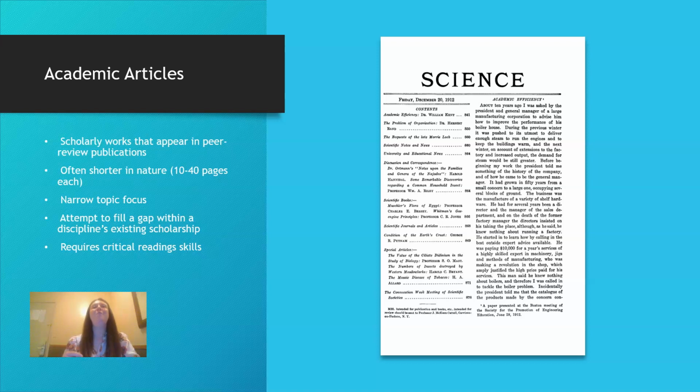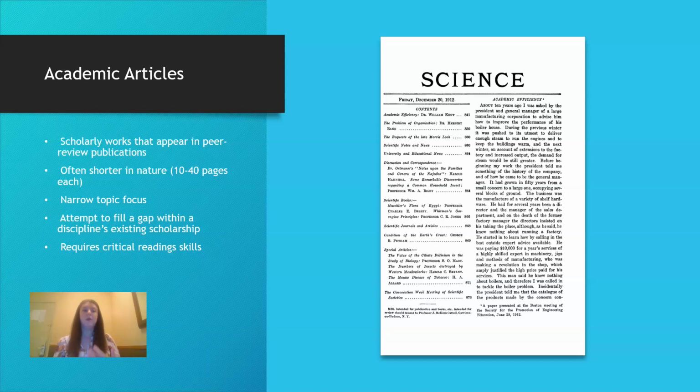Or if you're in a STEM-based field, maybe someone's saying, we haven't tried this methodology in our research. Perhaps we haven't used this type of tool, or we haven't considered this type of variable and how that might alter the outcomes that we're seeing. So we can look at that in terms of the gap that needs to be filled.